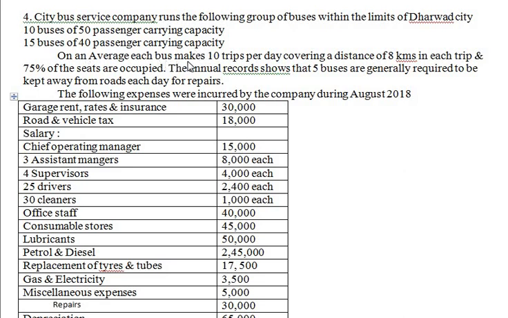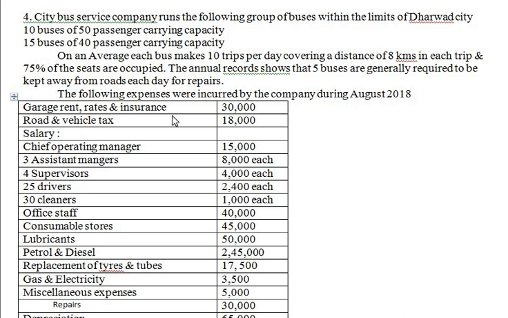On an average, each bus makes 10 trips per day covering a distance of 8 kilometers in each trip, and 75% of the seats are occupied. The annual record shows that 5 buses are generally required to be kept away from roads each day for repairs. The following expenses were incurred during the month of August 2018.